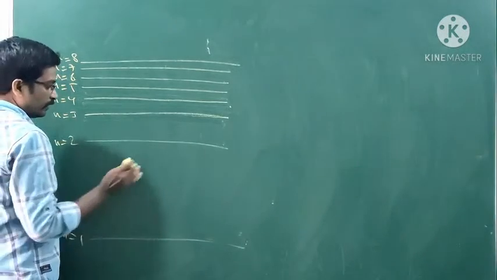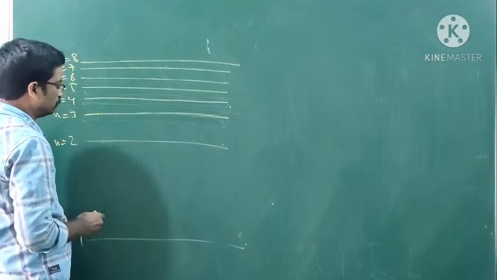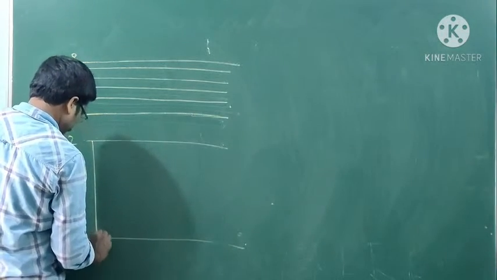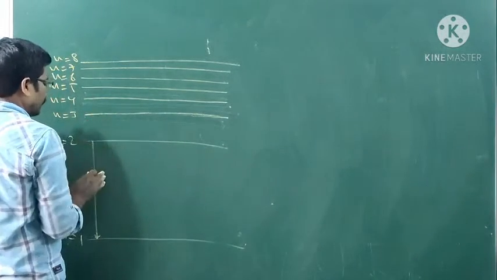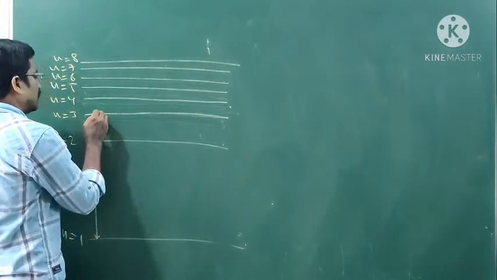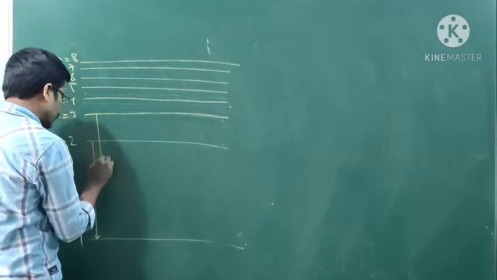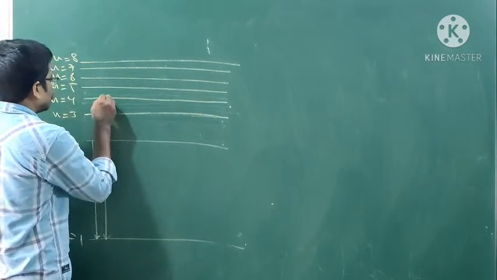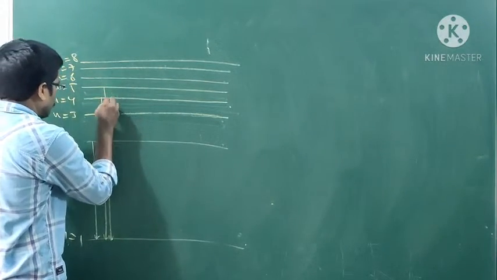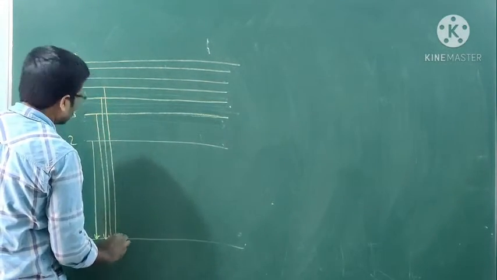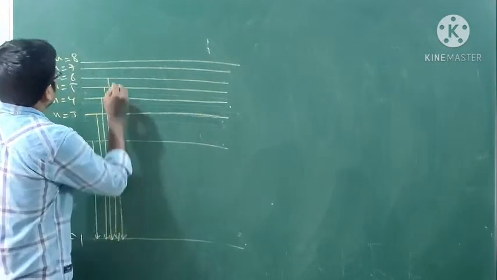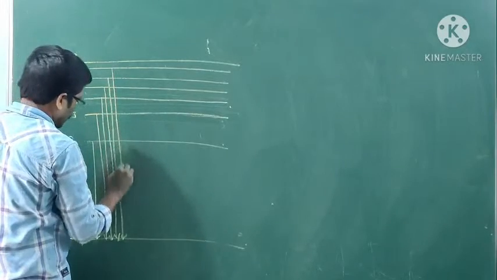Okay. Whenever an electron comes from the second level to the first level, and whenever an electron comes from the third level to the first level, fourth level to first level, fifth level to first level, sixth level to first level, seventh level to first level.